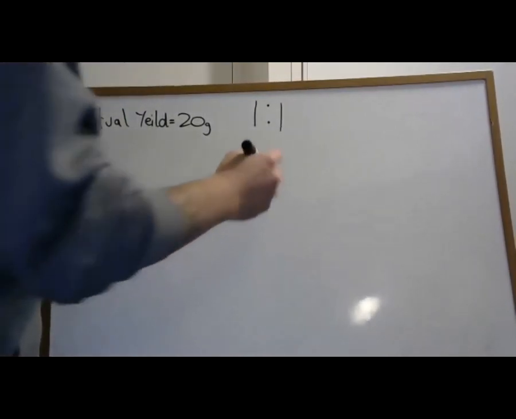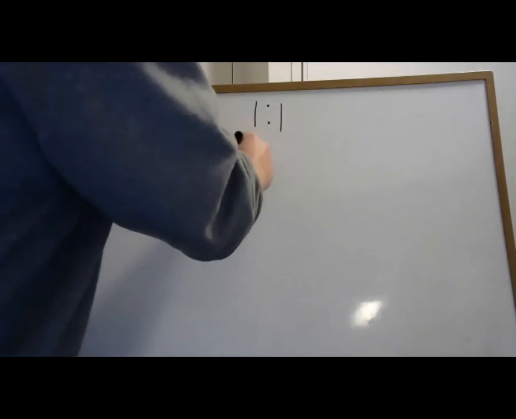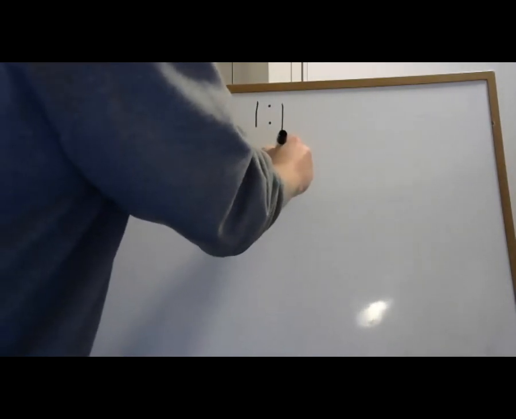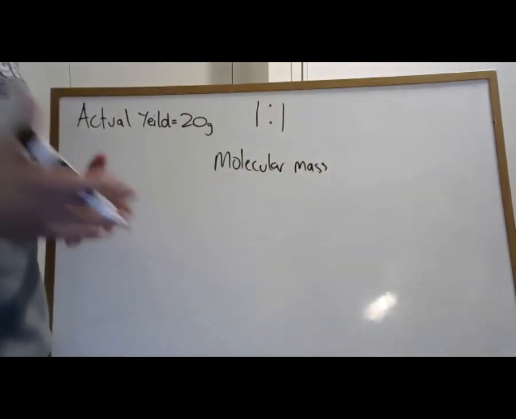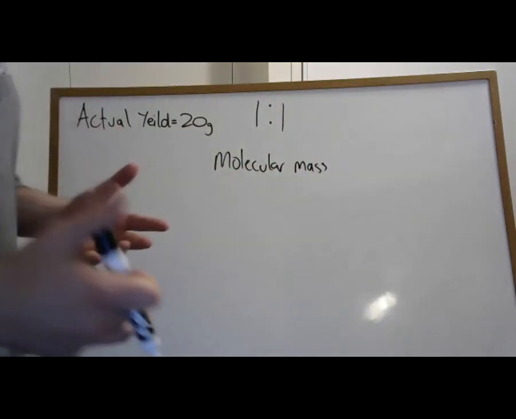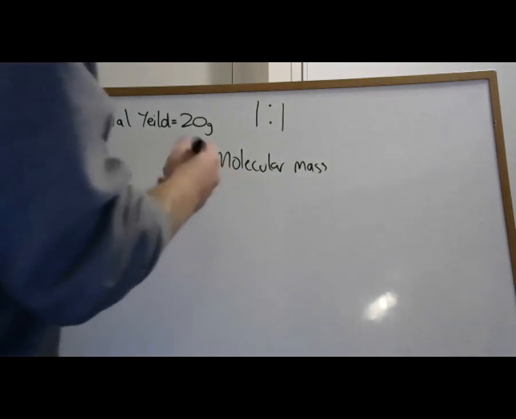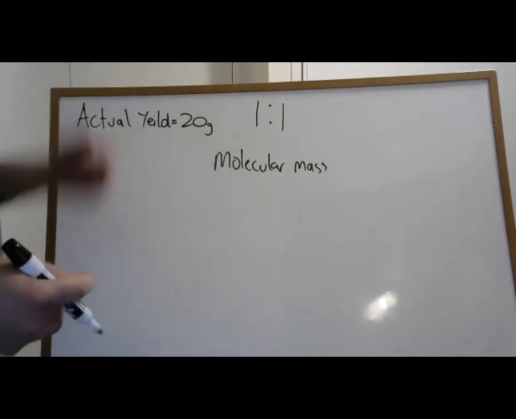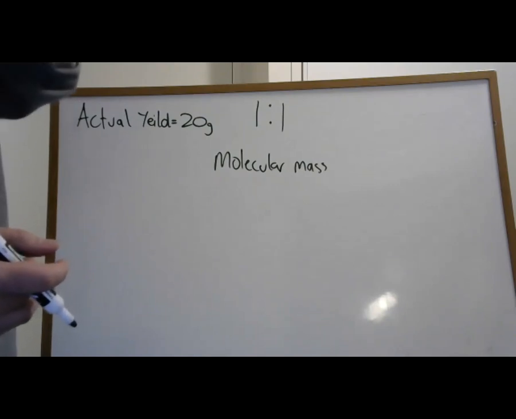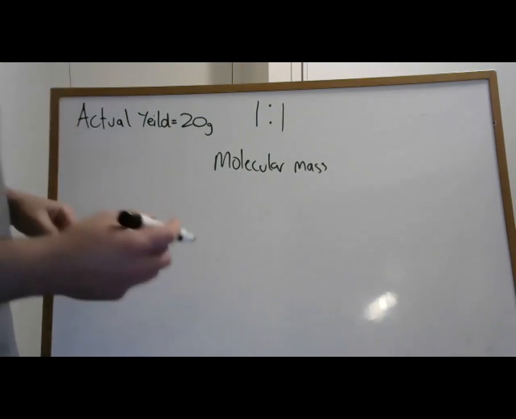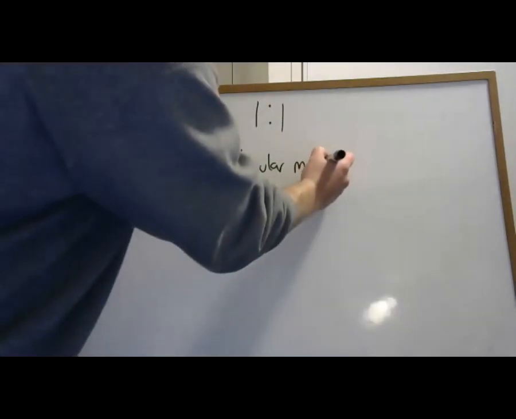So what we have to do is calculate the molecular mass. So how much does 1 molecule of propanol weigh? And we do that, if you look at the periodic table, you'll see the atomic mass units.